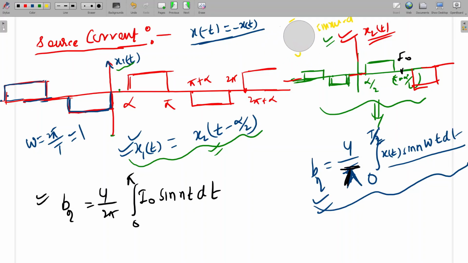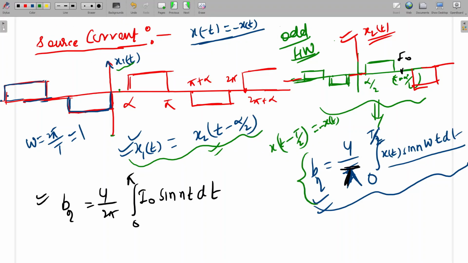But if the waveform has some symmetry, like here this waveform has odd symmetry and half wave symmetry. Half wave means x of t minus T by 2 equals minus x of t. This kind of symmetry is also there. You can verify: if you shift by T by 2, then this symmetry will happen. So if these two symmetries are there, then bn will be this one.